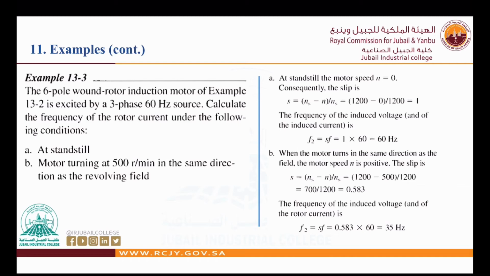The slip is 1200 minus 500 divided by 1200. This is the slip, and we can express it as a percentage. Now the frequency is changed for the rotor. So the frequency is the slip multiplied by the frequency, which is 35 hertz.